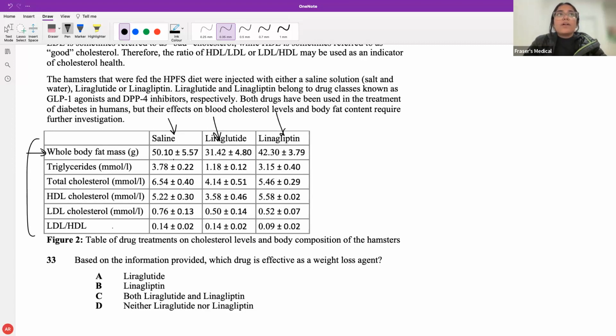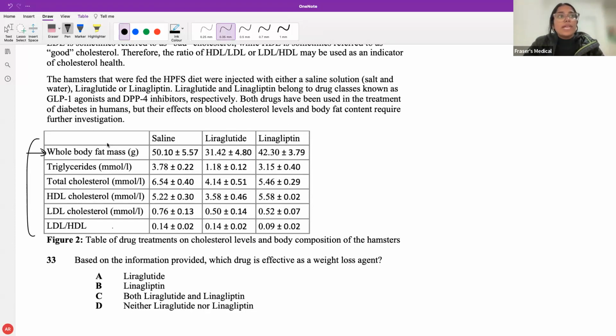What I would like you to understand is it's important to notice the trend right across the table. We can see that liraglutide and linagliptin both have a lower whole body fat mass compared to saline, and that would be really interesting to note. That's the first thing. The second thing is significance.